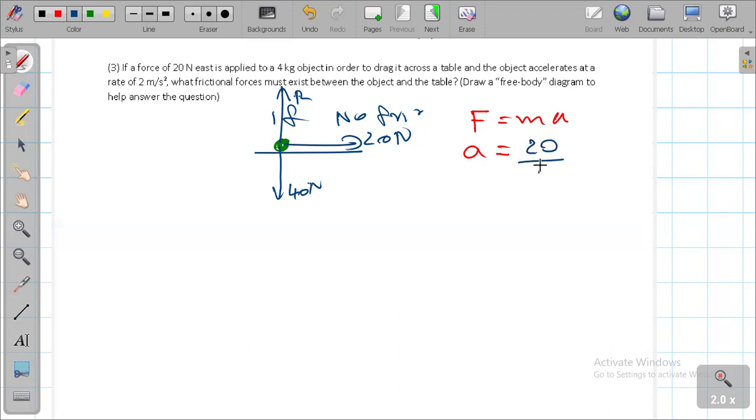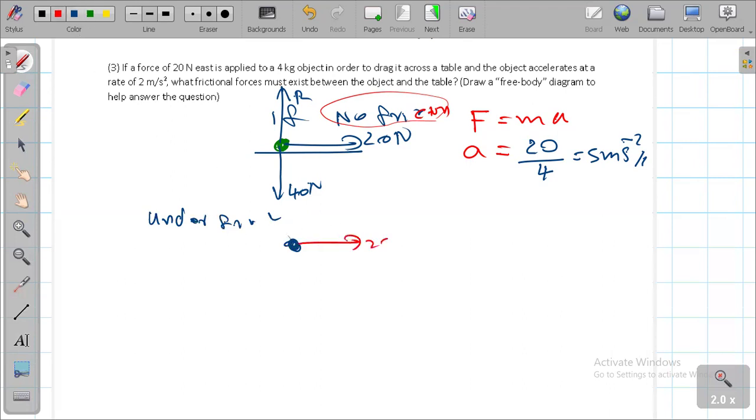20 Newton over 4, you get 5 ms^-2 acceleration. Okay, if no friction. Now under friction, what about the acceleration?